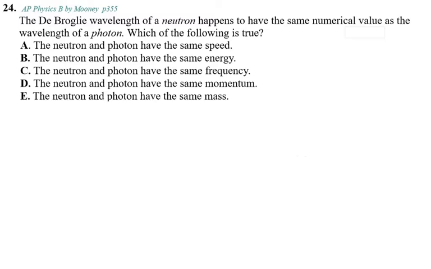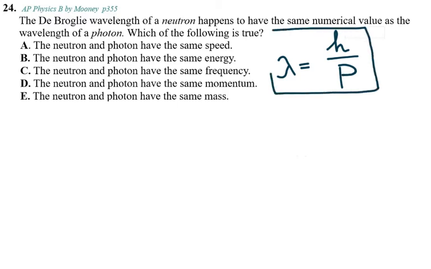I'm going to write de Broglie's wavelength formula before I start thinking about the answer. The wavelength is equal to Planck's constant over the momentum. When I look at this question, because the photon has no mass, I cannot say that they have the same speed. I could rewrite momentum as m times velocity, but the photon has no mass, so I cannot say they have the same velocity.